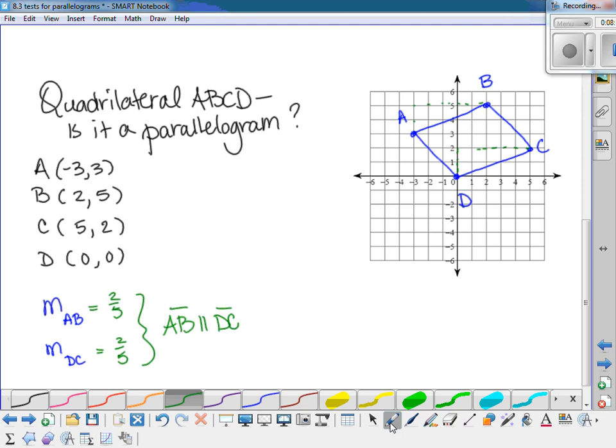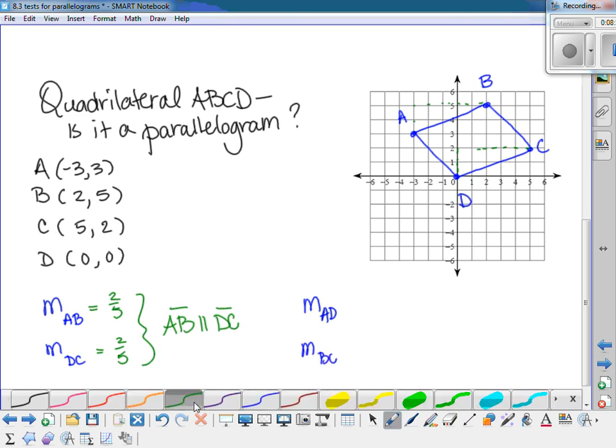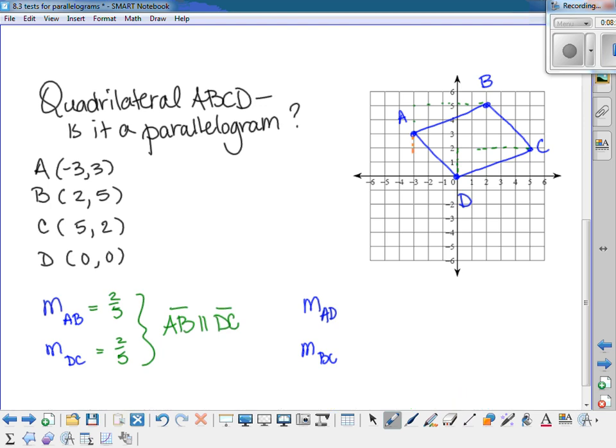Now I'll do the same thing for the slope of AD and BC. So for AD, we're going down 3 and over 3. So -3 over 3 is -1. And then for BC, I'm also going down 3 over 3.